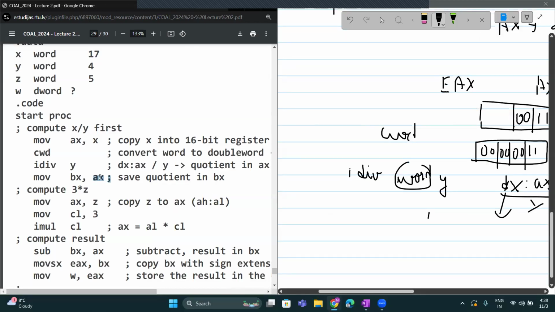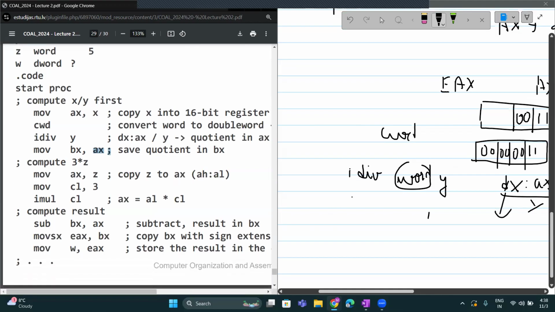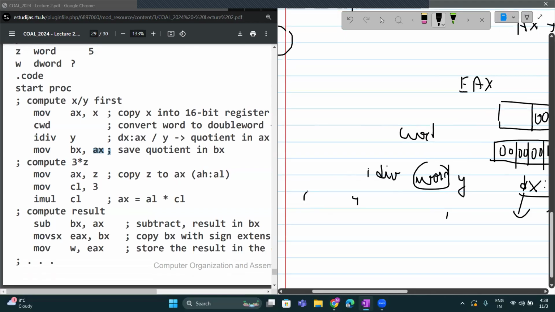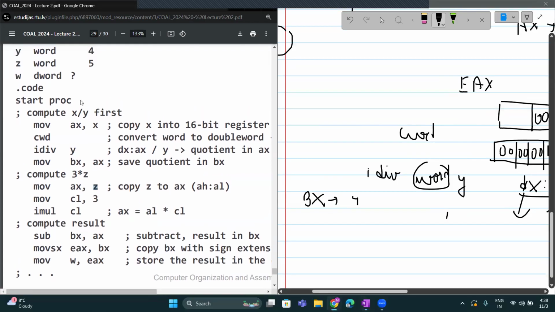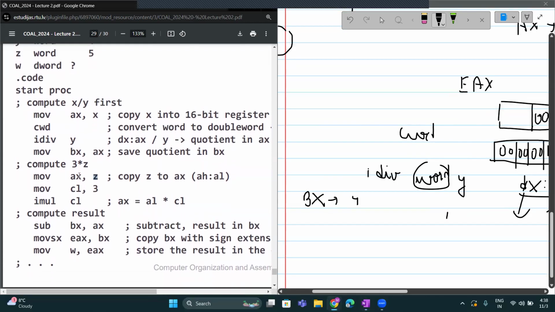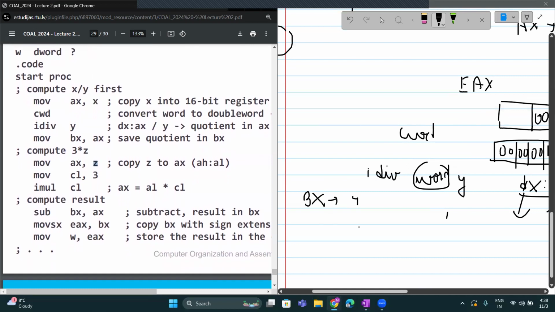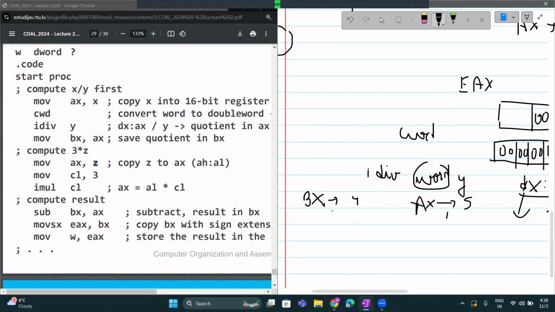And then we are saving this AX to BX. So we can write BX as 4. And we are copying the z value, which is 5, to AX. AX has z, which is 5, and CL has 3.